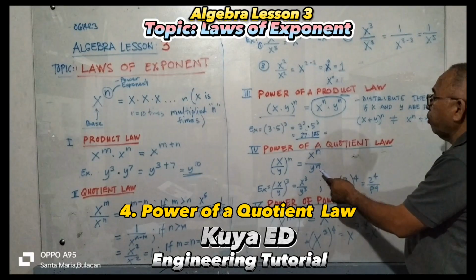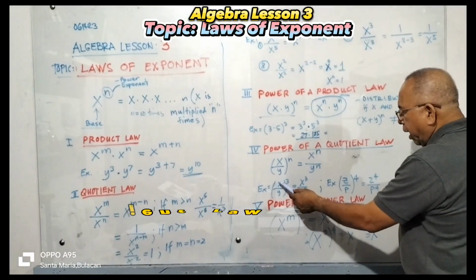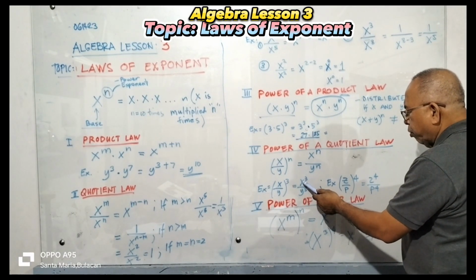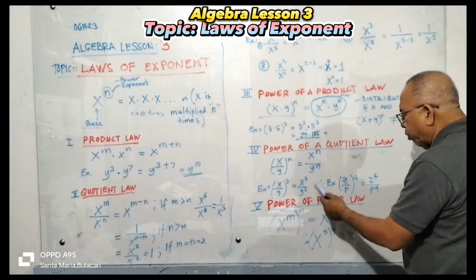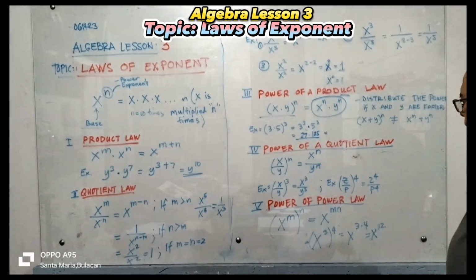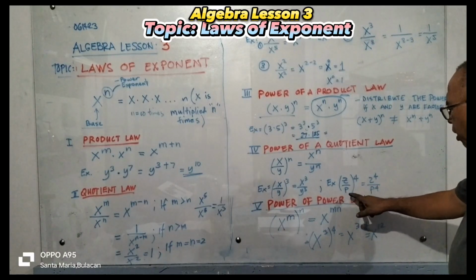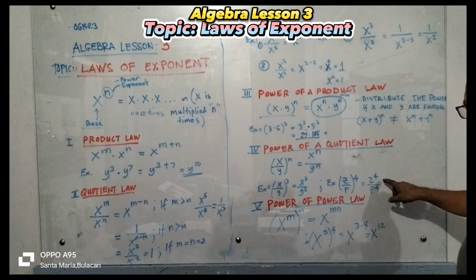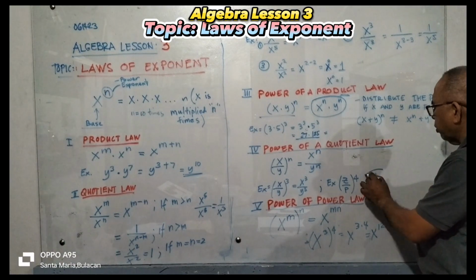X to the n over y to the n. Example, x over y to the cube is equals to x to the cube over y to the cube. Another example, z over p to the fourth. So we have z to the fourth over p to the fourth. So yun daw yung application nito.